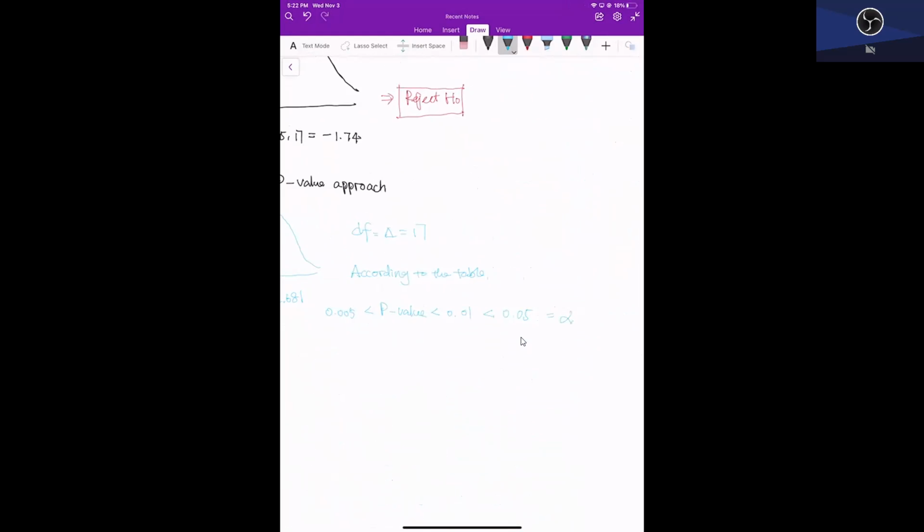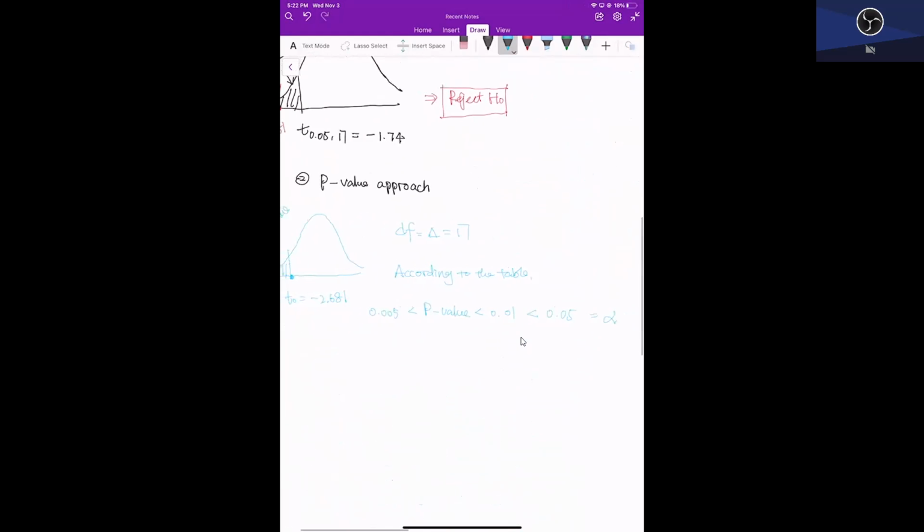Alpha equal to 0.05, and 0.01 is less than 0.05. So we would have p-value less than alpha. Remember the criteria? You reject H0 if and only if your p-value is less than or equal to alpha.